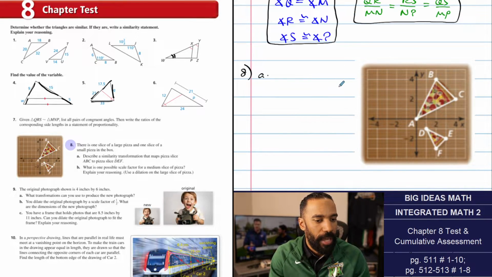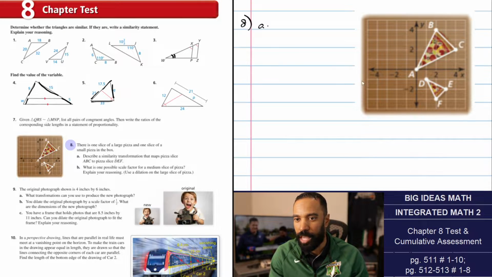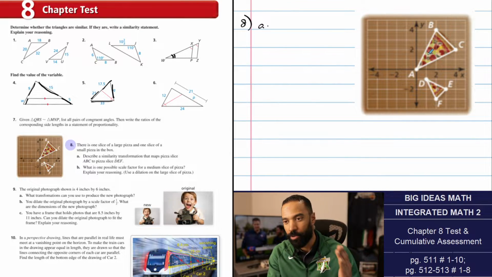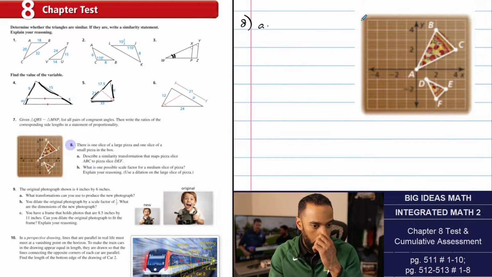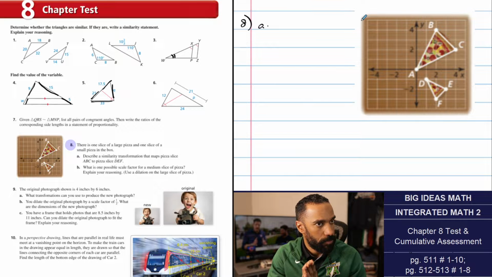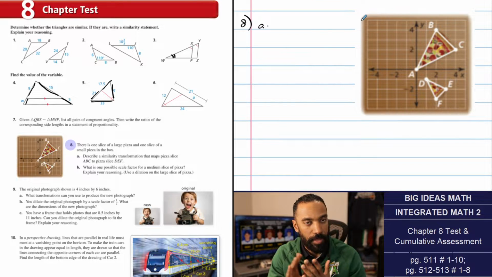So, a similarity transformation. That means you can do a composition, multiple things potentially, because one's bigger than the other. A dilation will happen. We are going from ABC to DEF, so it will be a reduction. And then, excuse me, the dilation might not be what I do first, though.